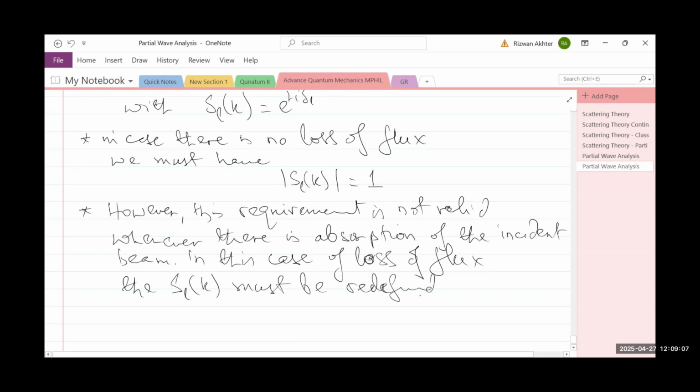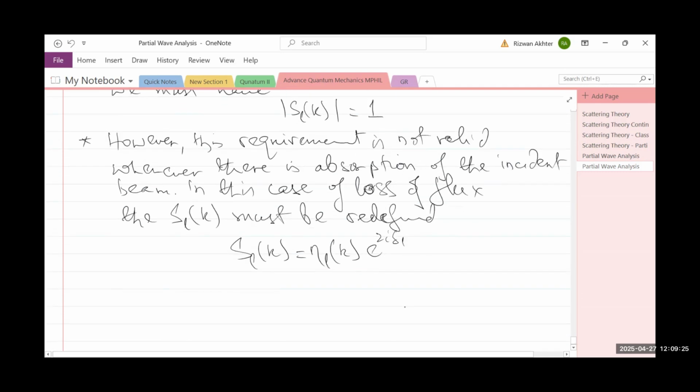And how do you redefine? You say S_L of k is in fact equal to the function n_L of k times e to the power 2 iota delta L. So we have this function, with 0 less than n_L of k less than or equal to 1.